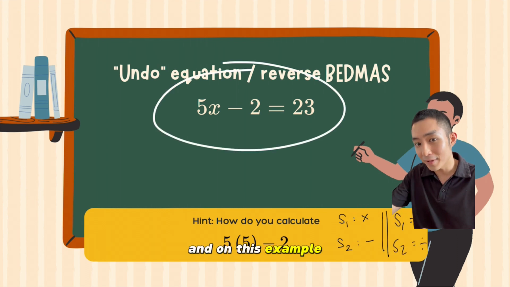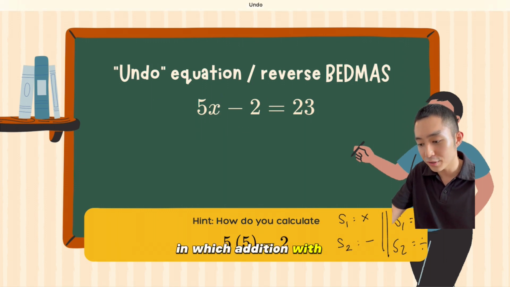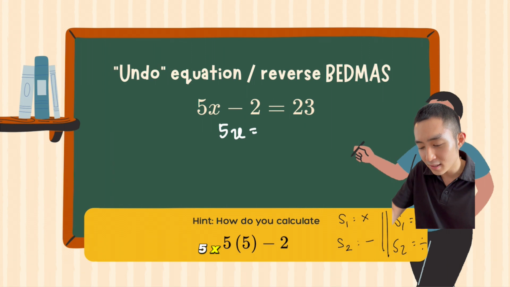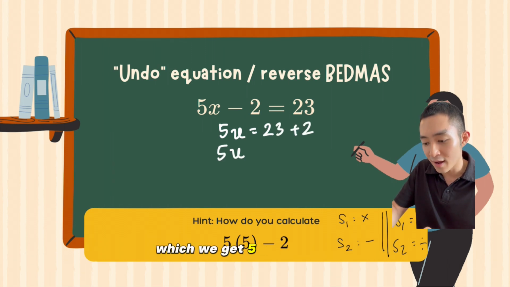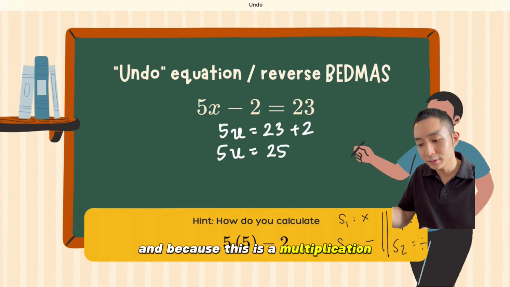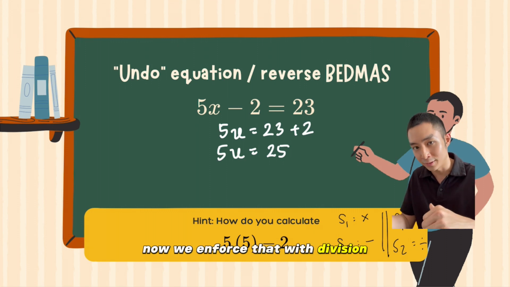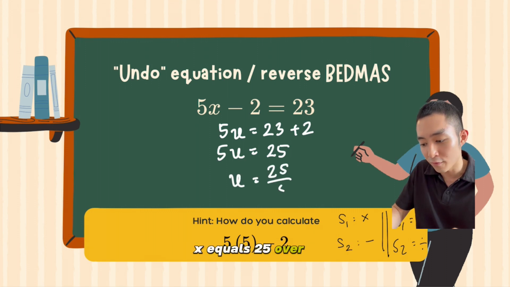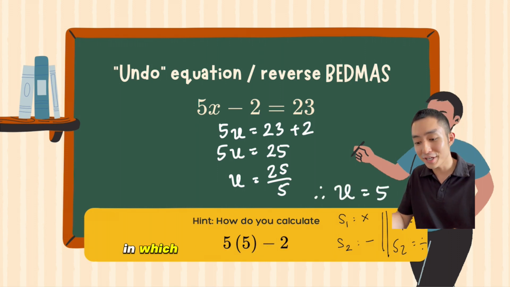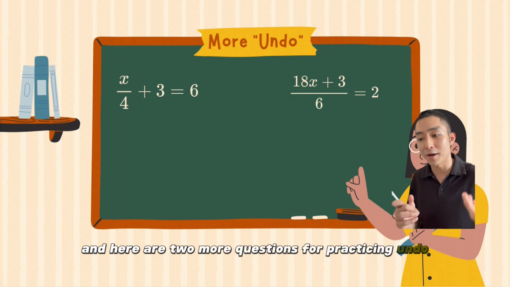In this example, we do addition first, in which addition with 2: 5x equals 23 plus 2, which gives 5x equals 25. Because this is a multiplication, now we inverse that with division. x equals 25 over 5, and we get that x is 5, which is the same as here down below. And here are two more questions for practicing undo.